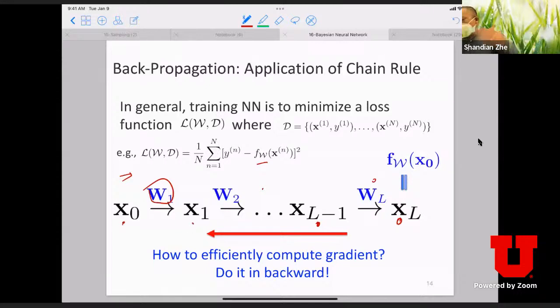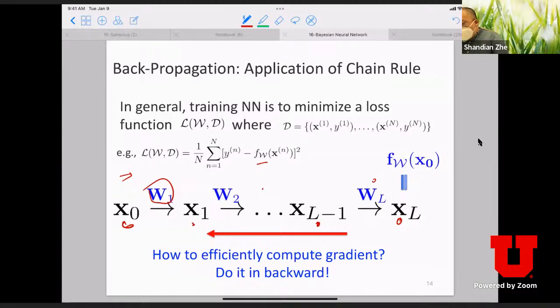So we introduced a very succinct representation in terms of matrices and vectors. Basically, all neural networks can be represented in this way. You have the input layer, which consists of the input features, x0, which is a vector.